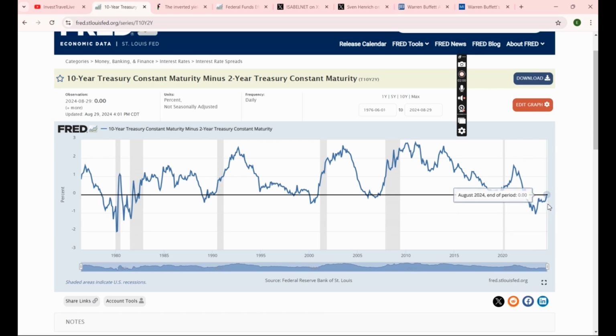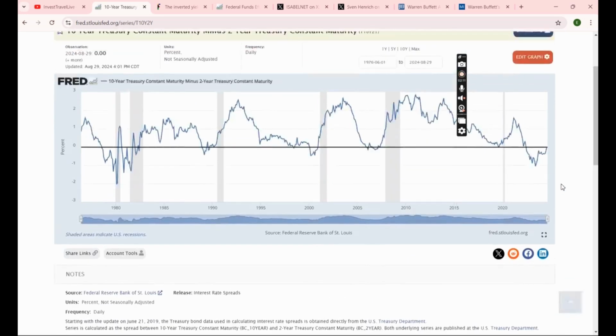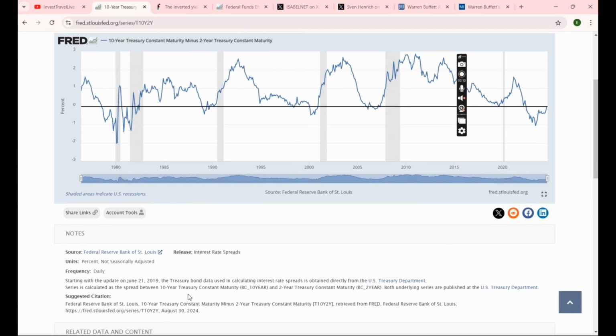But now when it's close to becoming positive, and this is the more accurate signal for recession, no one is mentioning it anymore. So what this chart tells us is basically the 10-year treasury bond minus the 2-year treasury bond.